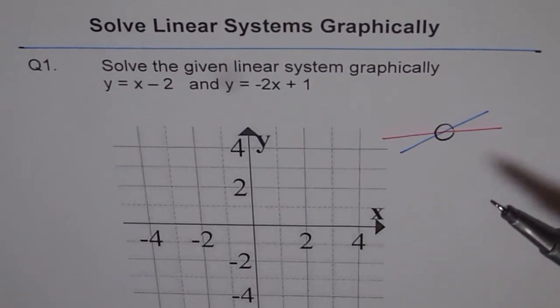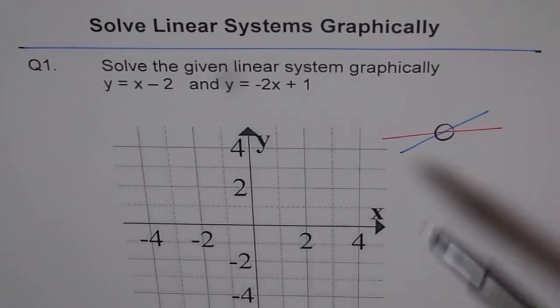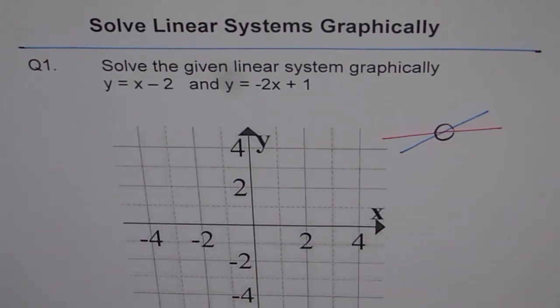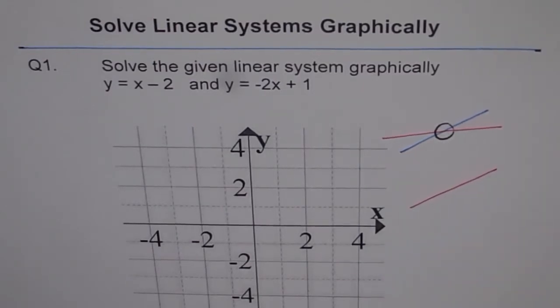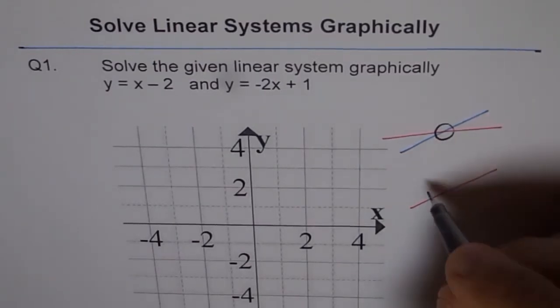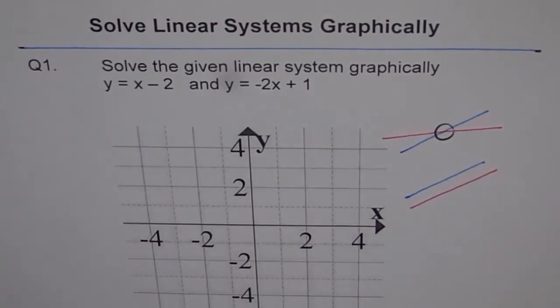Now let me tell you that, as shown here, the two lines will normally intersect at a point, but it is not always so. Sometimes the lines could be parallel. So we had this blue line, and if the red line is parallel to it, then they will never intersect.